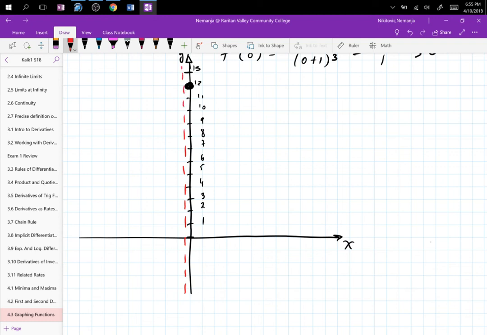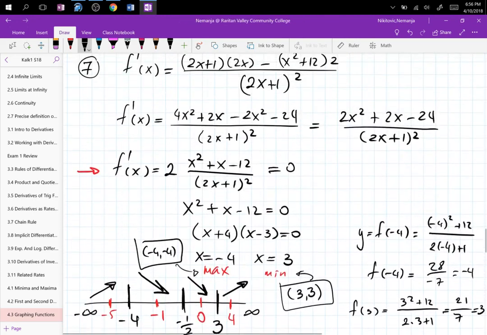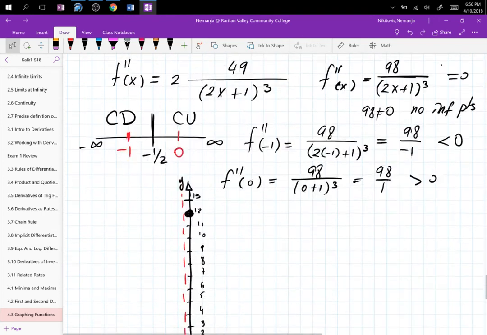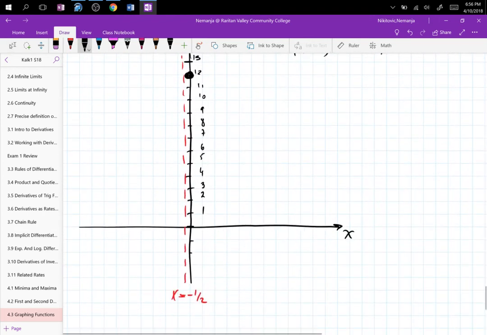So the red dashed vertical line is the vertical asymptote at x equals -1/2. Now what else do I have? I have -4, -4 as a max. And then I have 3, 3 as a min. Seems that the max is lower than the min. Let's check that. So -4, -4 is here, and they want that to be a max.